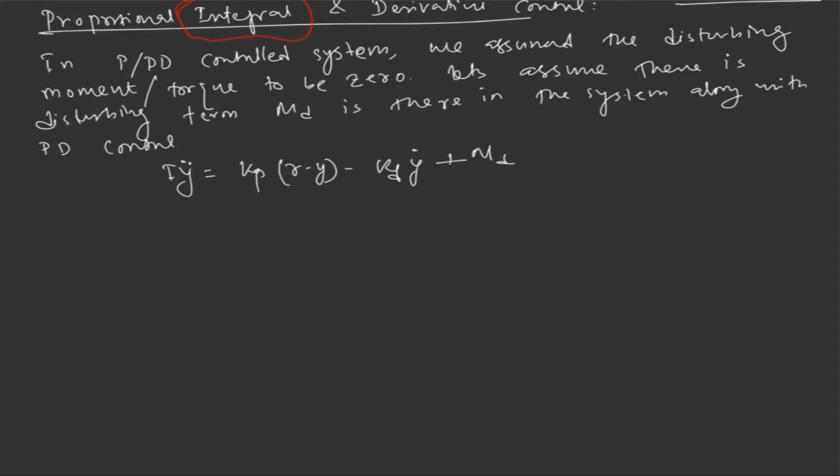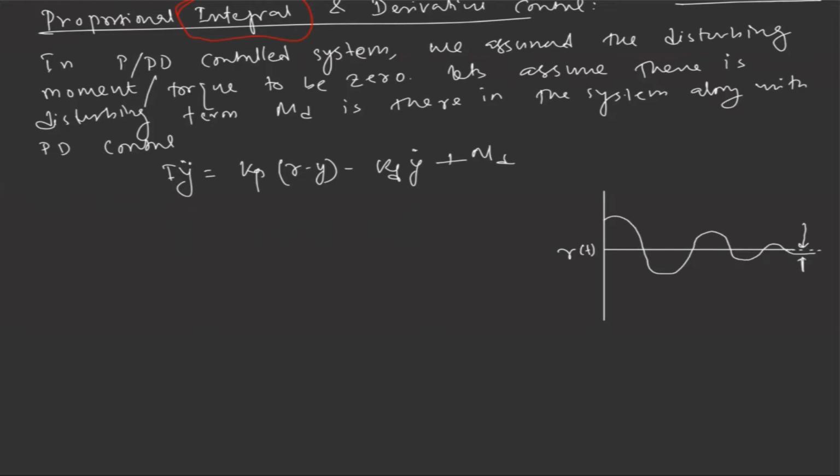Suppose we have some system and the system should follow this line, my reference line R of t. In PD control, you have observed the system can start with oscillation, and with time the oscillation will decay to the reference signal. But at steady state, there can be some error.